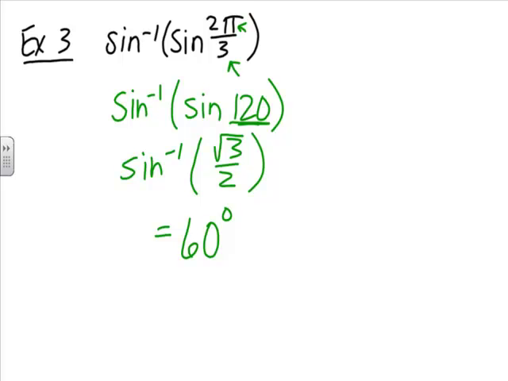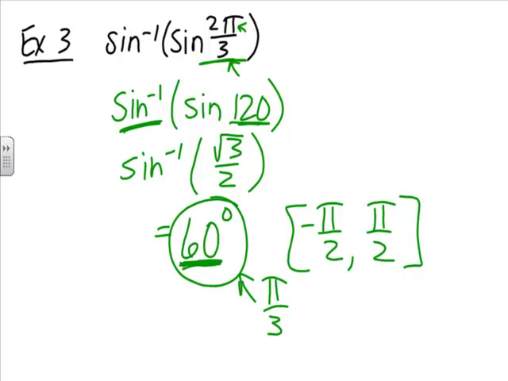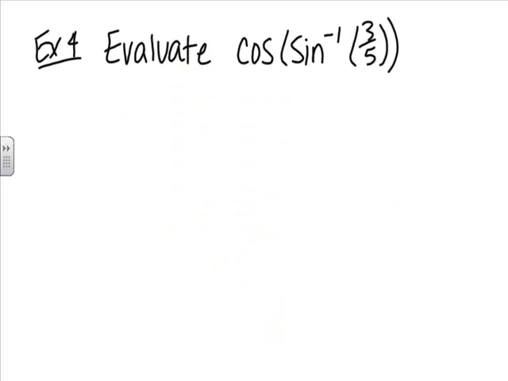So the reason that is for one, our calculator likes to go to quadrant 1 if it can, but we also need to be careful because the range of this inverse, and this is where this maybe gets a little gnarly for the brain, but the range of this inverse function goes from negative pi over 2 to pi over 2, so we don't want to be giving an angle that's in quadrant 2, so that's why we want this to be 60. Now since this is in terms of pi, then I should write this as pi over 3 in radians.